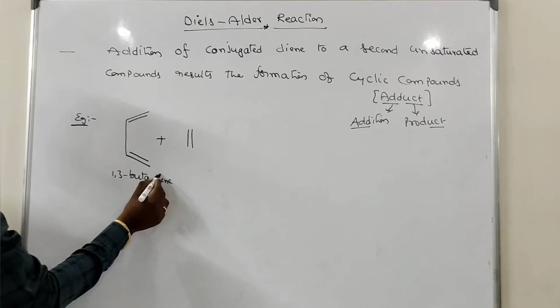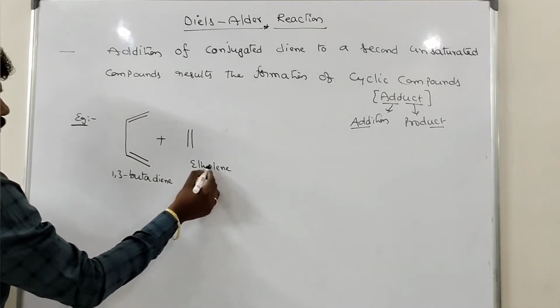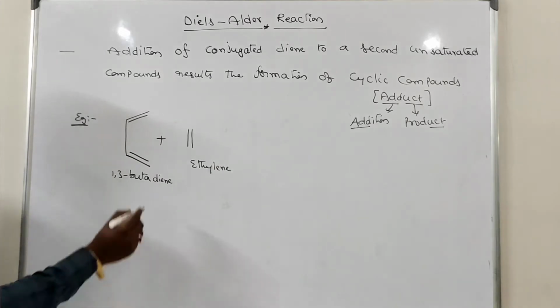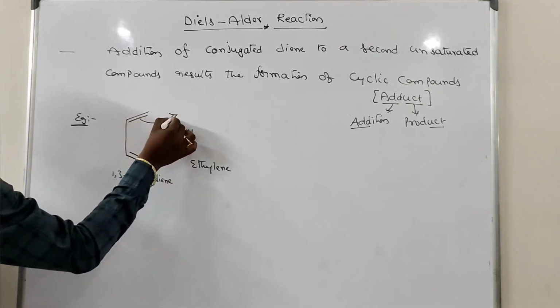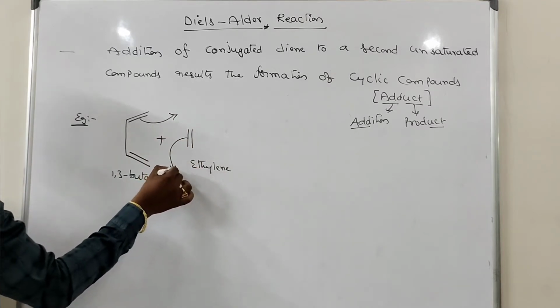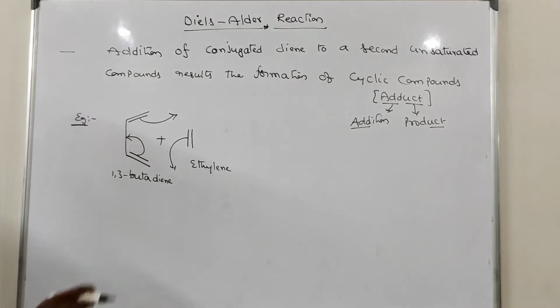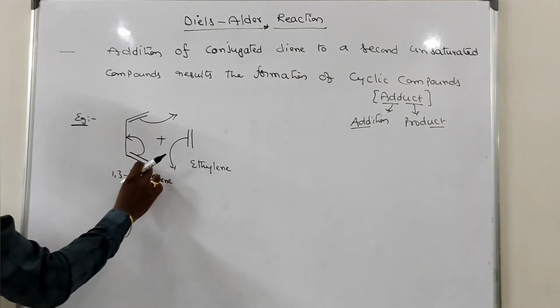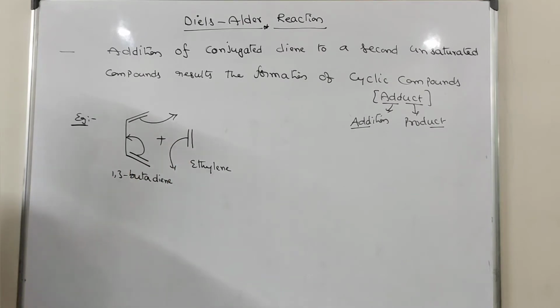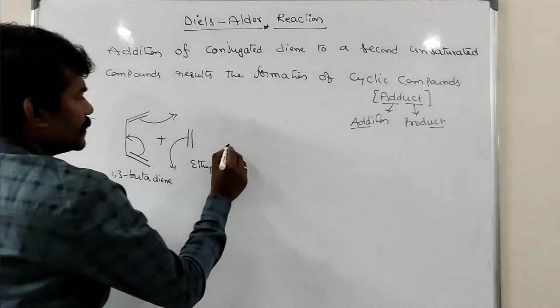The one-step mechanism is there. Electron shifting like this. So there is sigma bond formation between these two carbon atoms, and a sigma bond formation takes place in these two carbon atoms. And pi bond shifting like this.